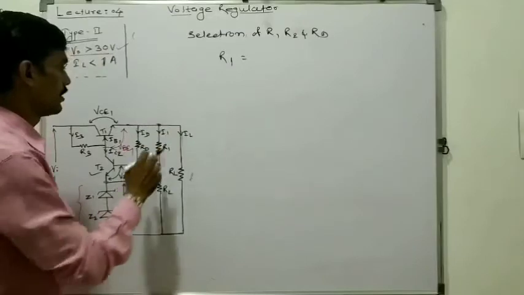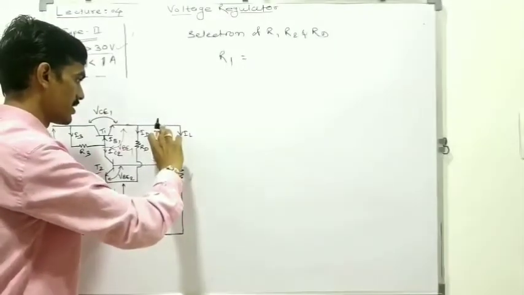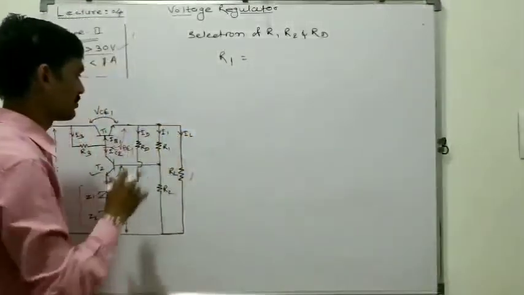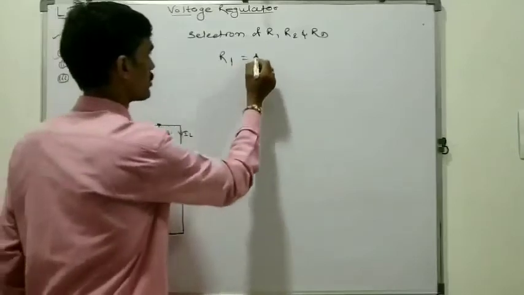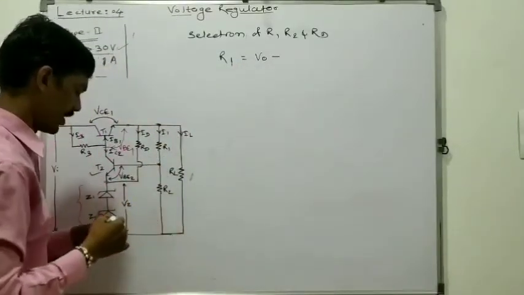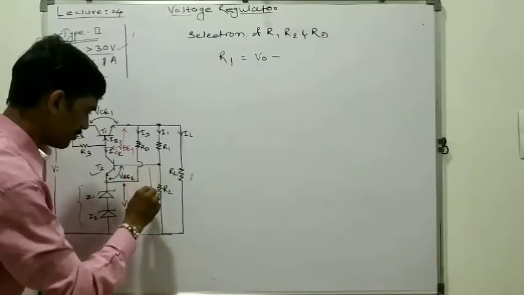Calculating R1, the resistance by Ohm's law, is the voltage across the resistance divided by current. So the voltage available at this point is the load voltage, VO, minus the voltage available at the second end of the resistance R1.